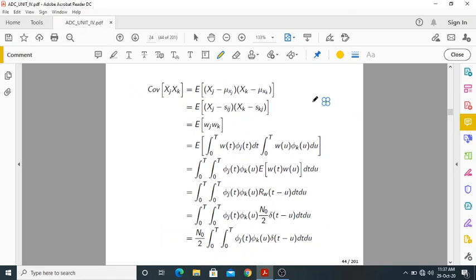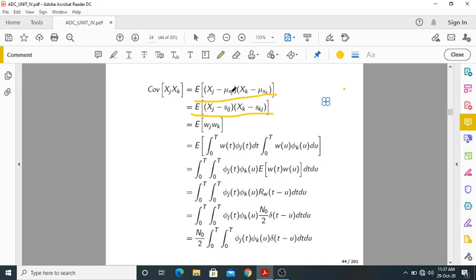Now we are done with the mean and variance of the output of each and every correlator. Now let us find the covariance of the outputs of the correlators. We know the covariance formula already. So what is the covariance formula?